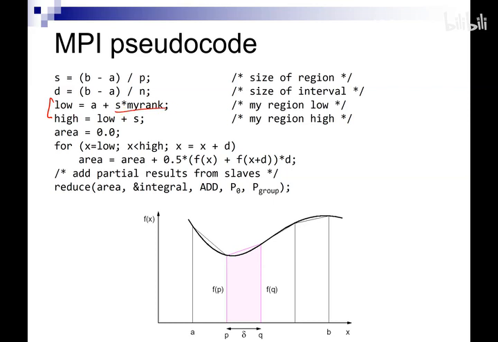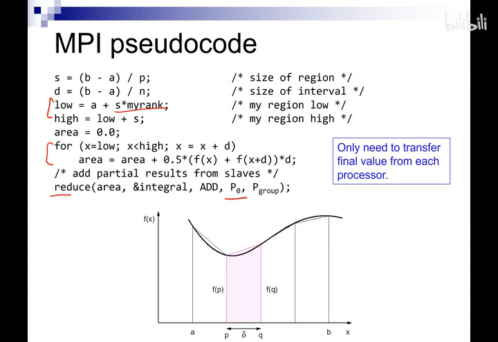It's going to go through all of the little intervals that it's responsible for and add them up using the trapezoid method. Then we do a reduction onto the master process, and that adds up all of these chunks, and that's the total integral area approximately.